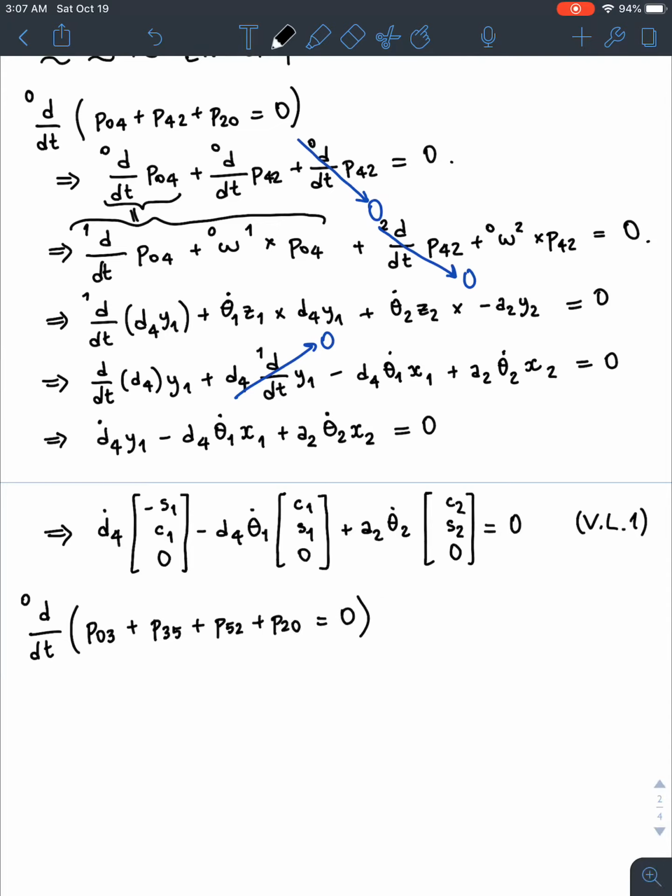Correct? Okay. And as before, I'm going to distribute the derivative over the addition, which is going to give me the sum of derivatives of each term. Bear with me as I write this.